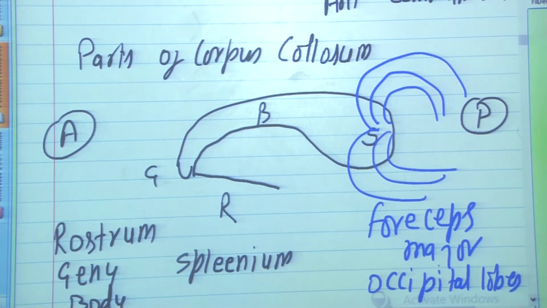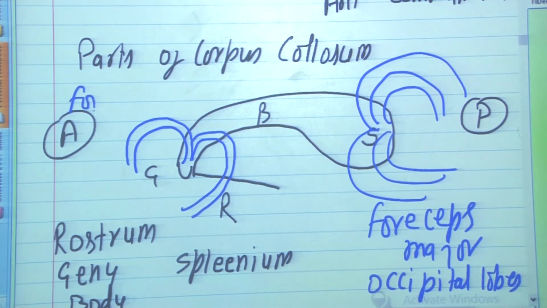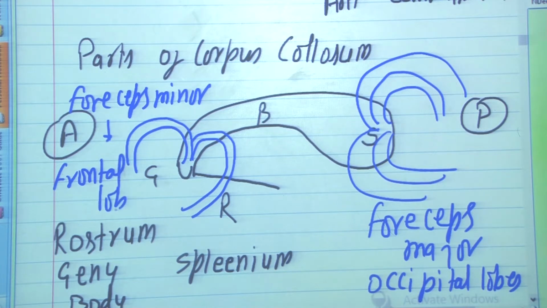Fibers of the genu arch anteriorly and form forceps minor. They connect the frontal lobes.